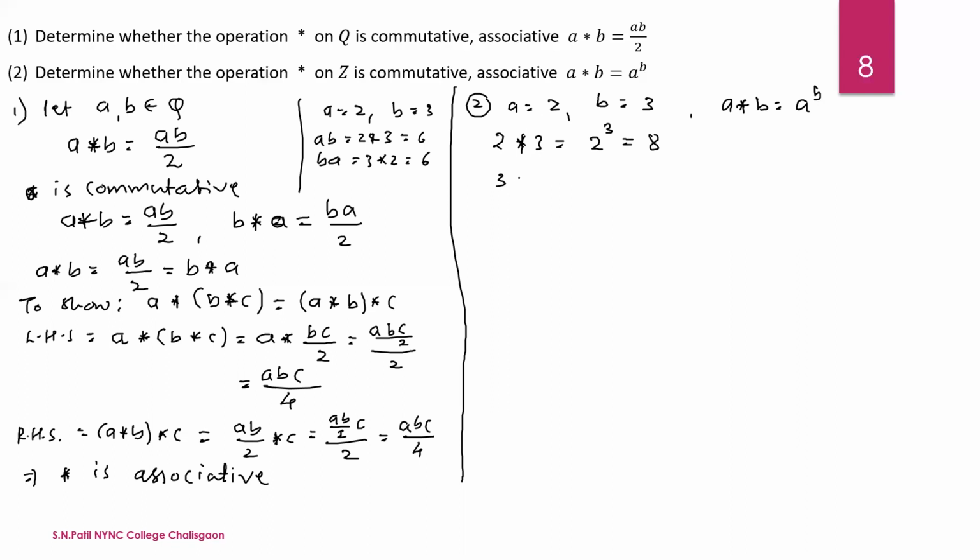Now 3 star 2 means 3 raised to 2, which is equal to 9. It means 2 star 3 is not equal to 3 star 2. Star is not commutative.